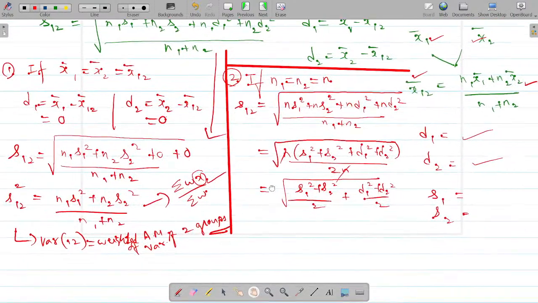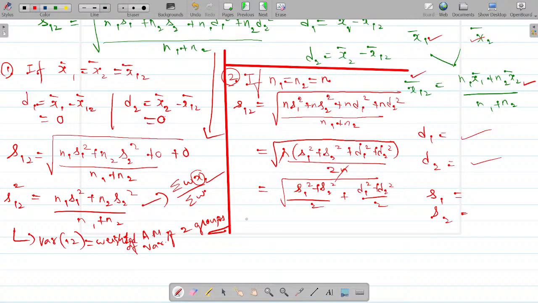Now, if I remove the square root, this will be S12 square, which is the variance of the two groups, equal to the arithmetic mean of the variances plus the arithmetic mean of the squares of the deviations. Am I right? What do you mean by arithmetic mean?